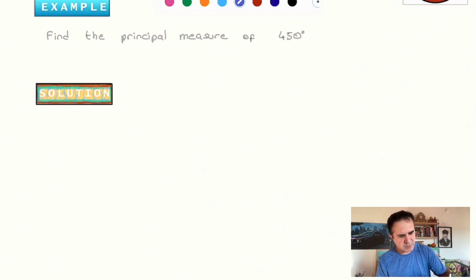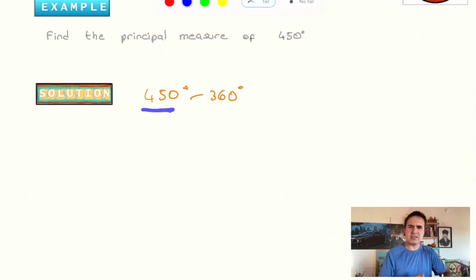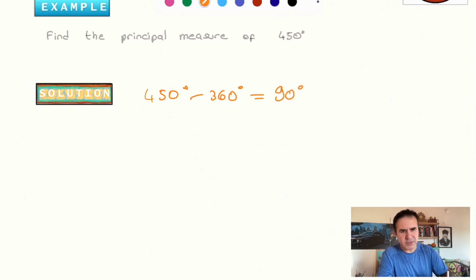So we subtract 360 from 450. Here, since 450 degrees is greater than 360, we subtract 360 degrees and get 90 degrees. Therefore, the principal measure of 450 degrees is 90 degrees.